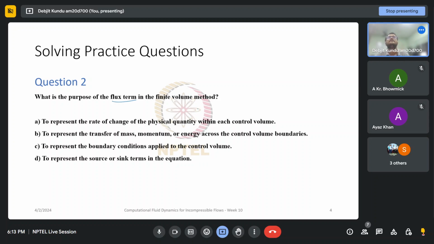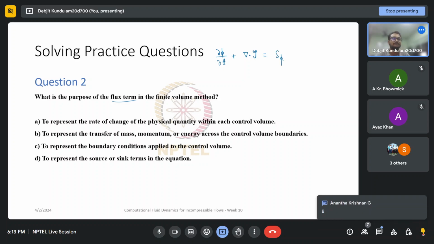I'll write down the generic equation first. dou phi dou t plus the divergence of the flux term should be equal to the source term.